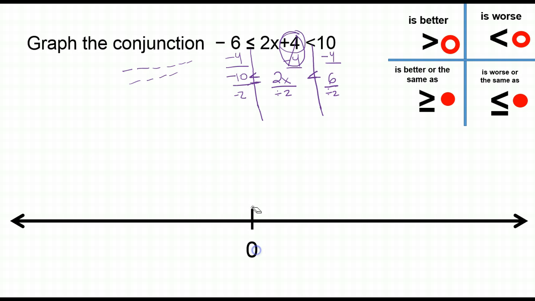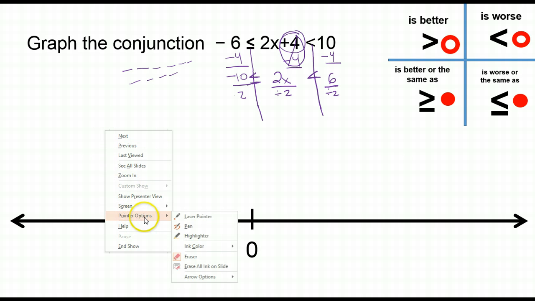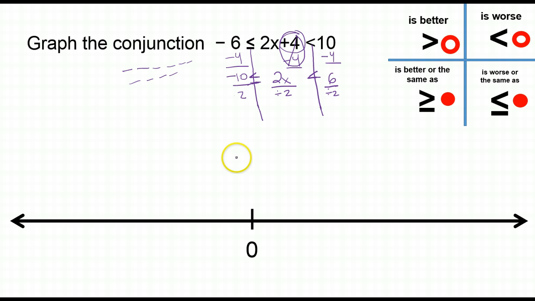See, even the best math teachers get it wrong sometimes, so just wanted to show that was totally on purpose. So 2 divided by 2 is just 1x. I now have that x by itself. Okay. A little bit of division. 6 divided by 2. 2 goes into 6 how many times? 3. And 2 goes into 10 5 times.